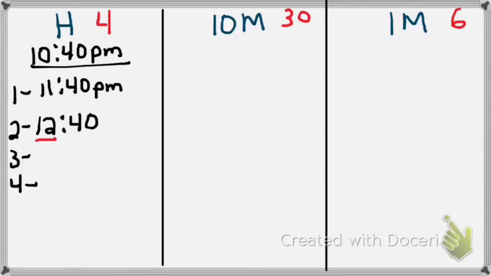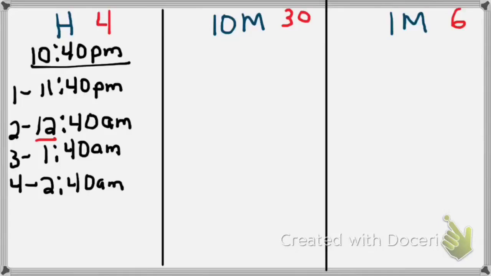But 12 means I have to change to the opposite AM or PM. This was PM, so I'm flipping it to AM. So that's going to be 12:40 AM. At the 12, I always change. 1 hour after 12:40 AM would be 1:40 AM. 1 hour after 1:40 AM would be 2:40 AM. So I'm done with my 4 hours.